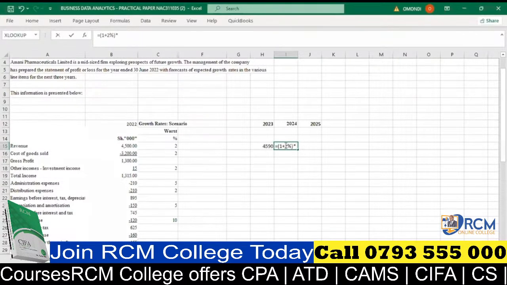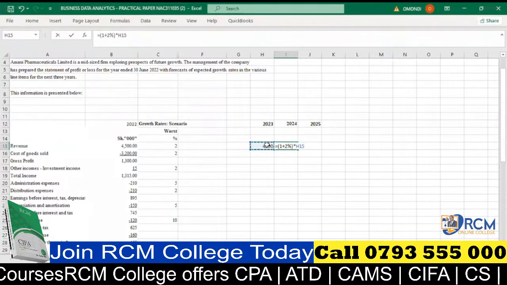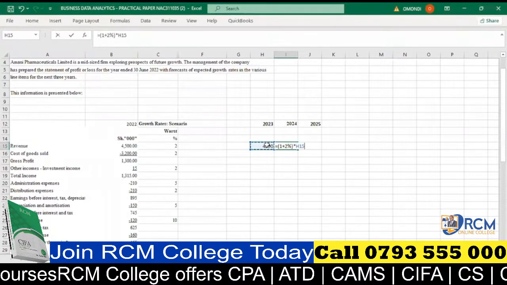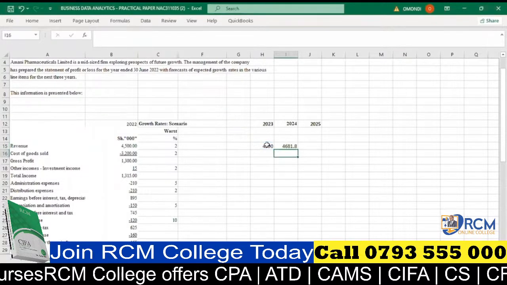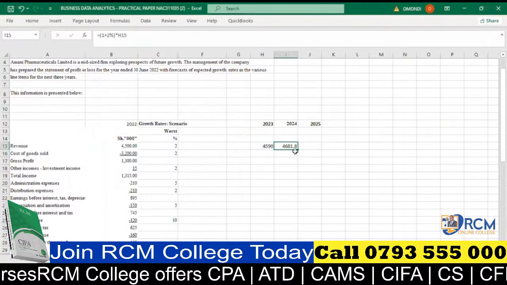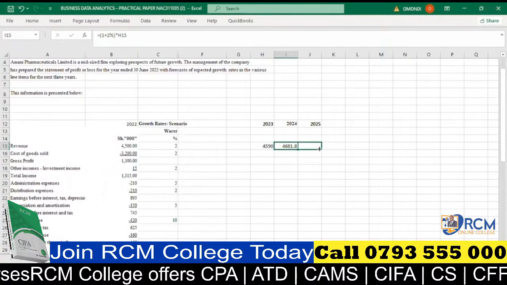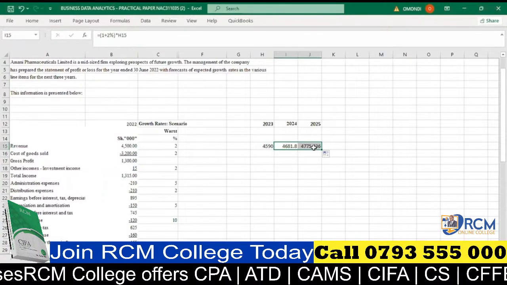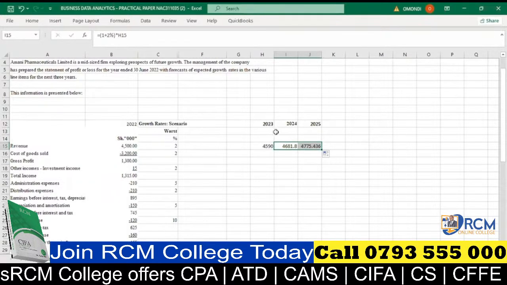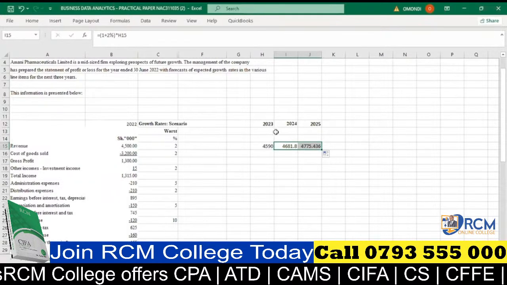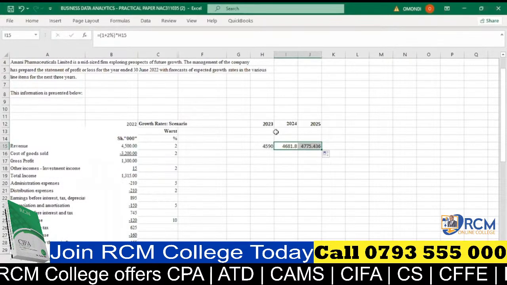Then I multiply by the revenue of the previous year, which now is 2023. So enter, and then you can autofill to get the revenue for 2023, 2024, and 2025. It will be better to convert to 0.02 to avoid extra work.